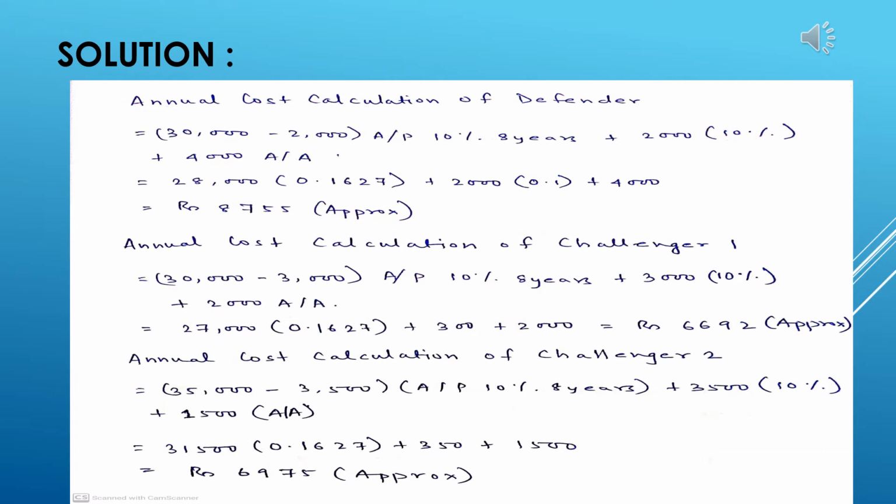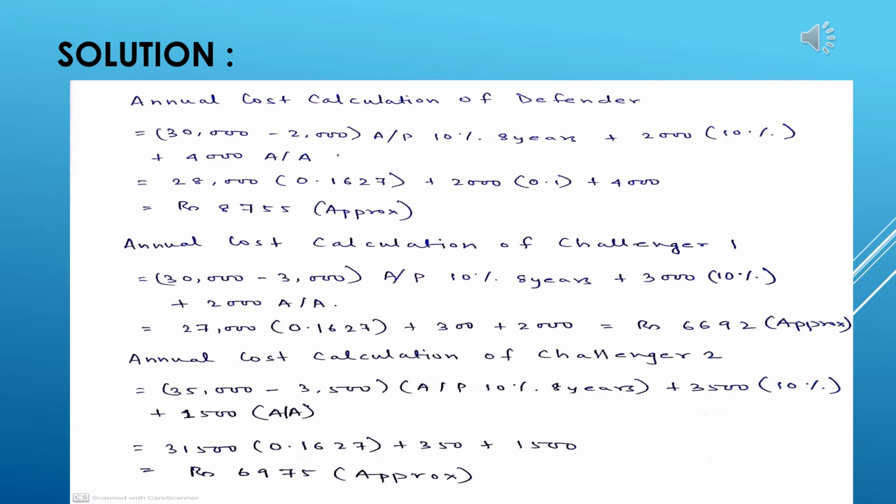Now coming back to this calculation, we have two ways of calculation. I have only shown one way. Either in option 1, we can take the first cost to be 30,000 and turn it from present worth into annual worth, and the salvage value we can separately take as 2,000.